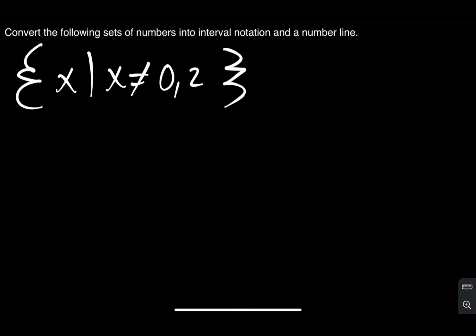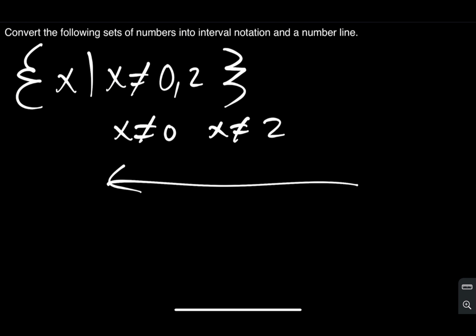Now, for this inequality, we have x cannot equal 0, comma 2, which we can write as x cannot equal 0 and x cannot equal 2. So let's draw a number line. So we have negative infinity to the left, positive to the right. We're given the values 0 and 2. So we have 0 and we have 2. So x cannot equal 0, and anytime we see a cannot equal sign, we use a hollow point to represent that on the number line.